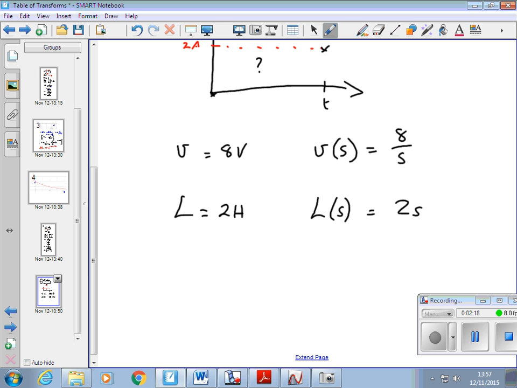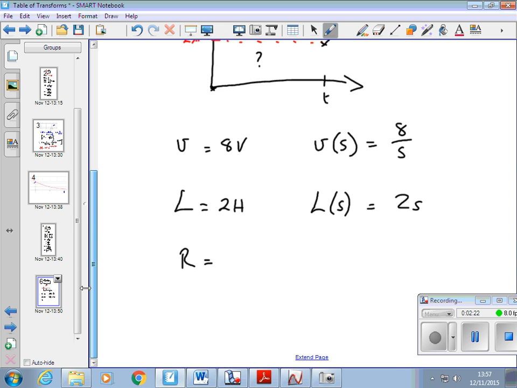And for the resistance, which this time is 4 ohms, the resistance in S space is just 4. So those are our values taken from the table.